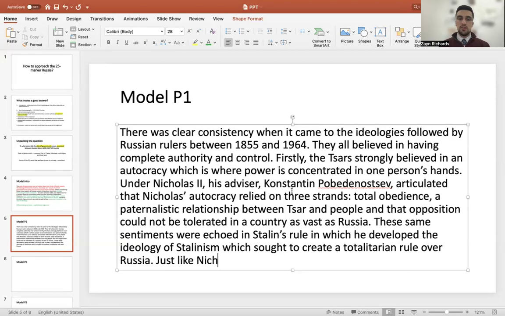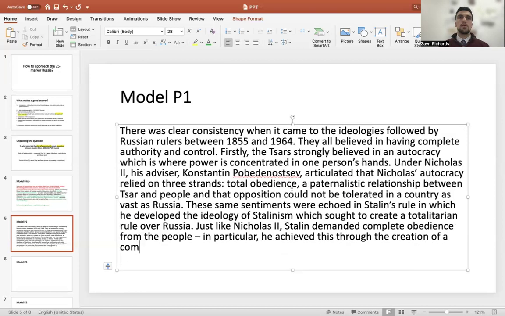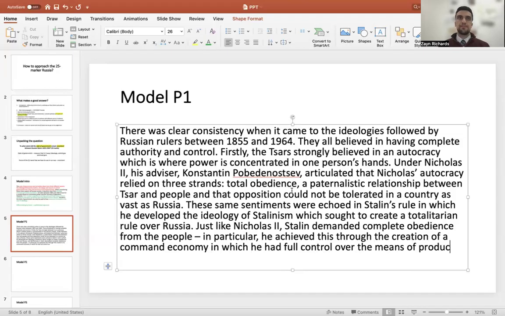So just like Nicholas II, Stalin demanded complete obedience from the people. In particular, he achieved this through the creation of a command economy, in which he had full control over the means of production, and the introduction of the Gulag, which dealt with any forms of opposition.